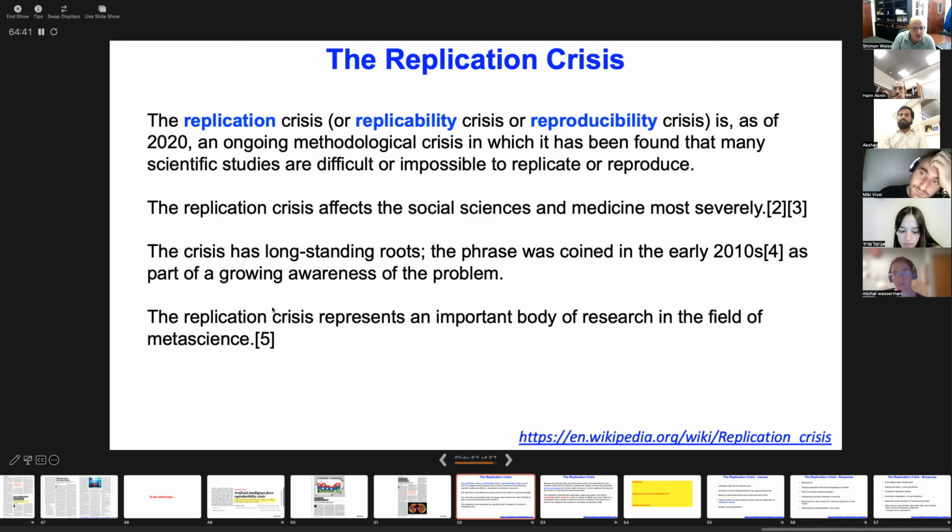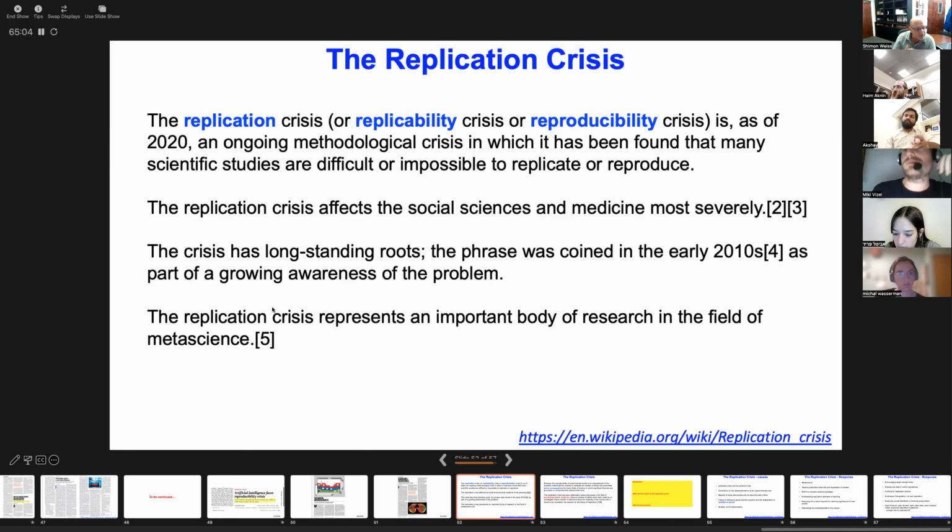So as I mentioned, because of this type of issues, the whole concept of the scientific method, the peer review, the replication crisis and responses to these problems is now packaged into a new scientific discipline called meta-science, which is the science of science.